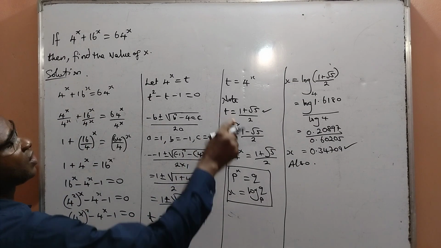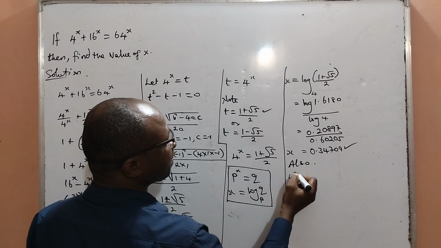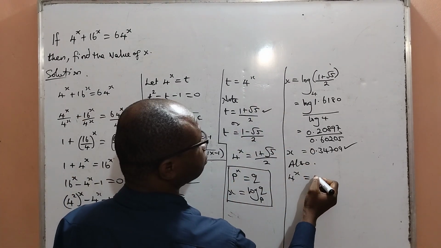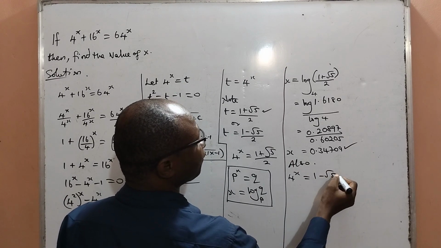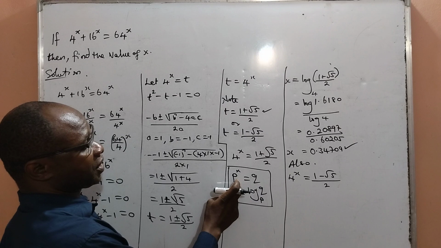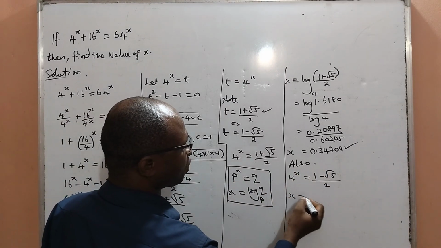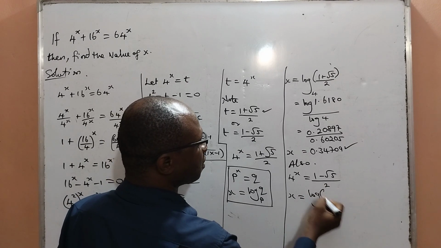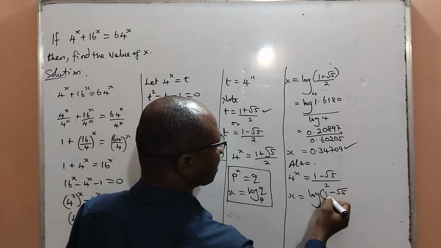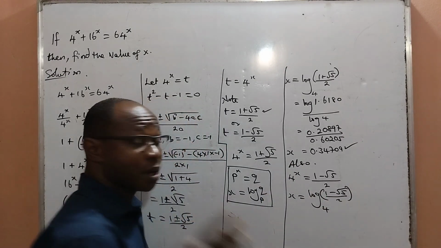Also, when t is equal to this, I will have 4 to the power x is equal to 1 minus root 5 all over 2. Applying the same law here, x will be equal to the log of 1 minus root 5 divided by 2, to base 4.